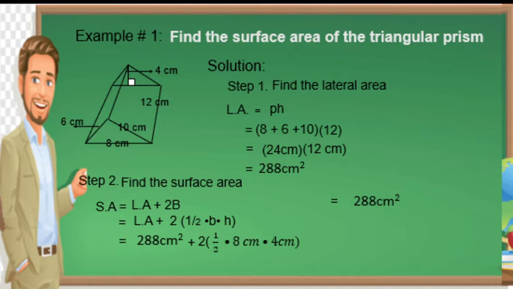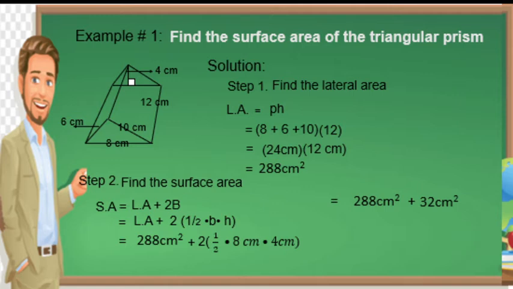288 square centimeter plus 8 times 4 is equals to 32. And 2 times 1/2 is 1, because 2 times 1 is 2, divided by 2 is 1.